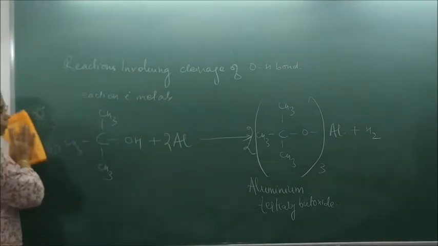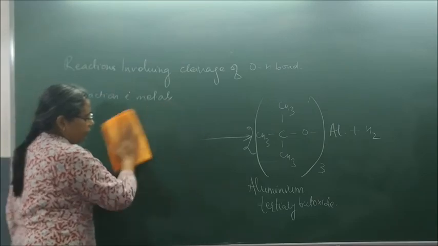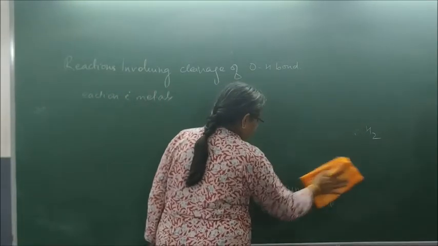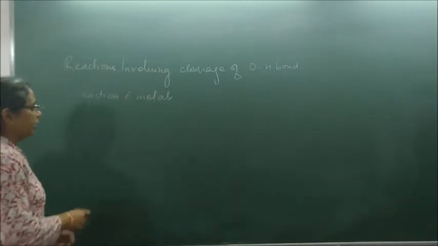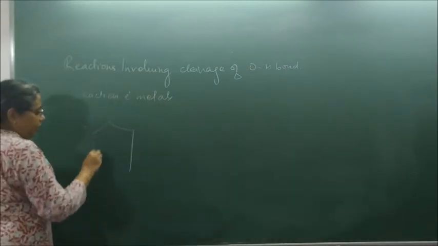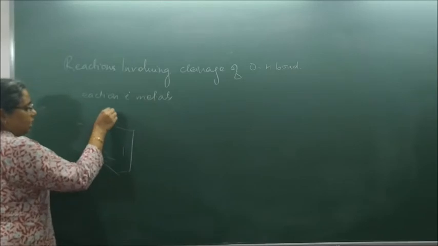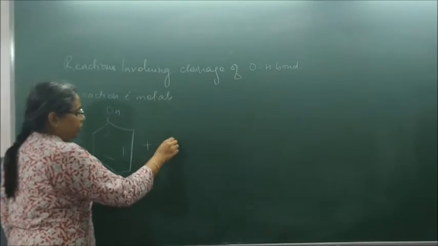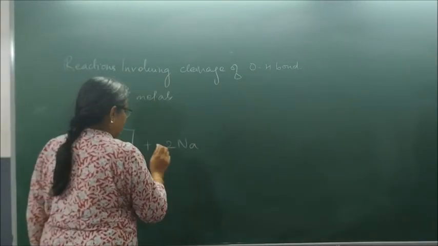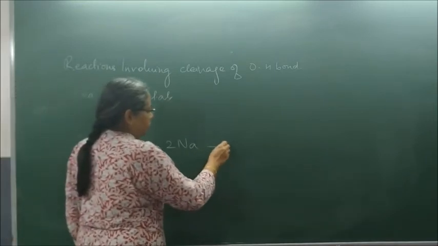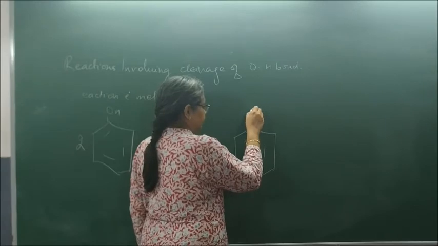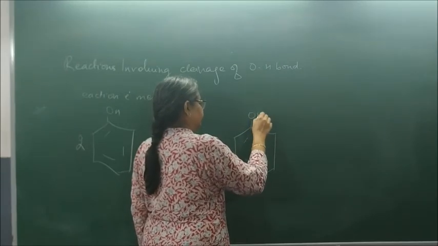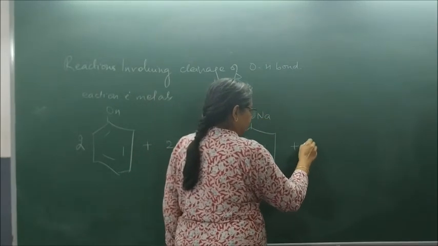Okay. Now we will take the reaction with phenol. We take phenol, which is C6H5OH, and react it with Na. So it forms what? 2C6H5ONa plus H2.